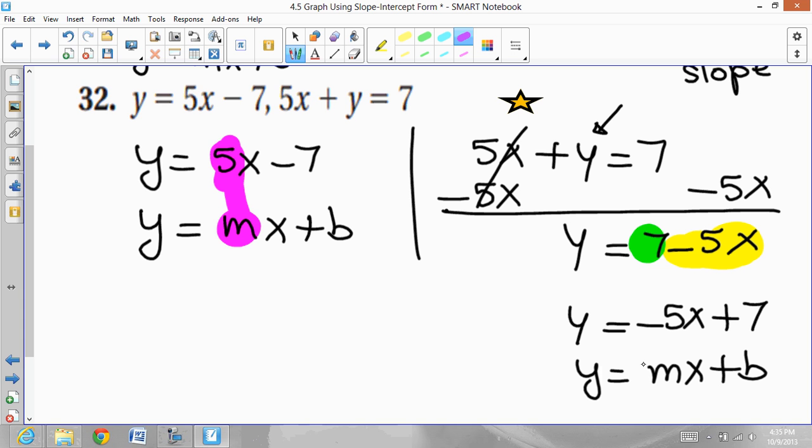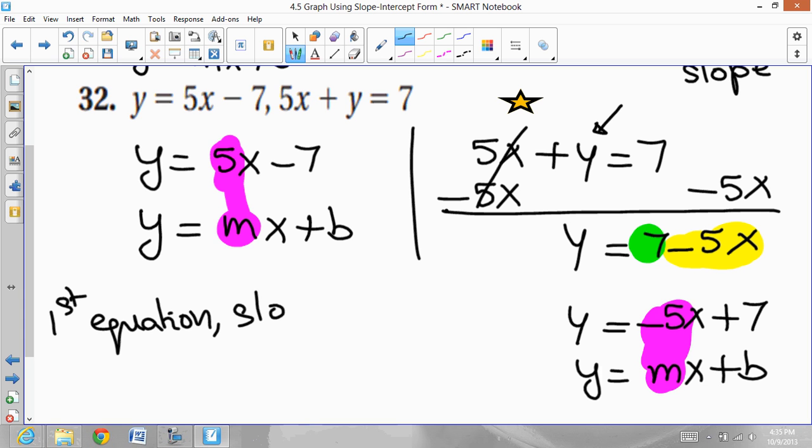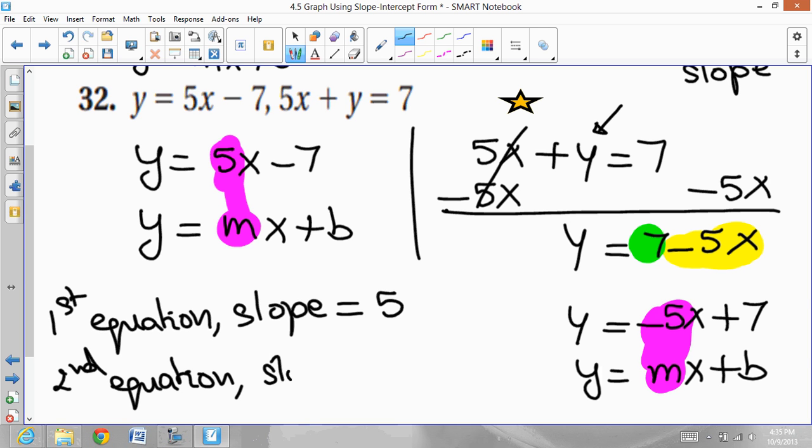For the second equation, the slope is this. So for the first equation, the slope is 5. For the second equation, the slope is negative 5. So the first one is a 5, the second one is a negative 5.